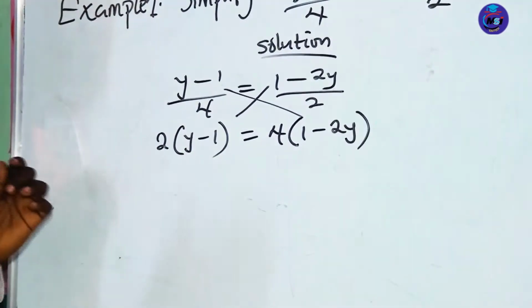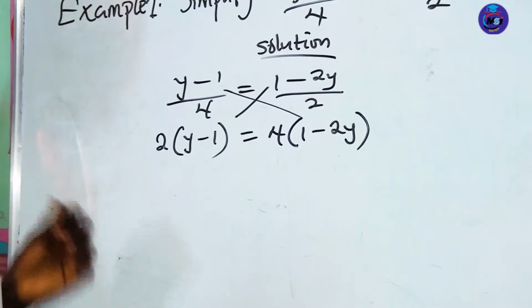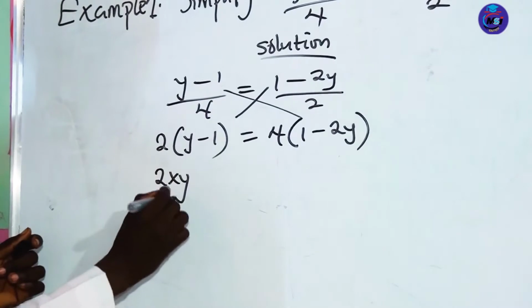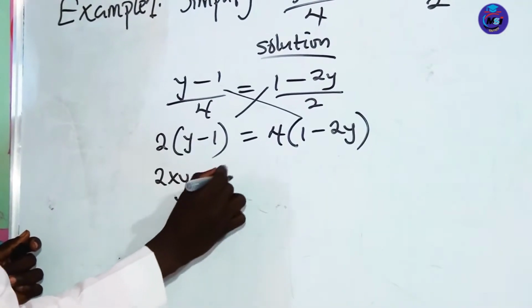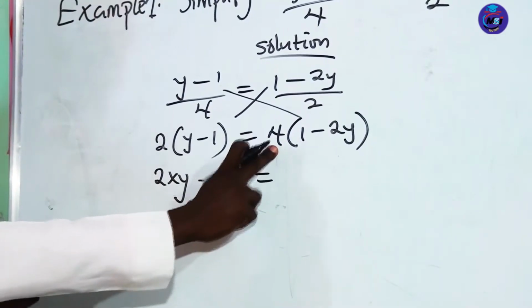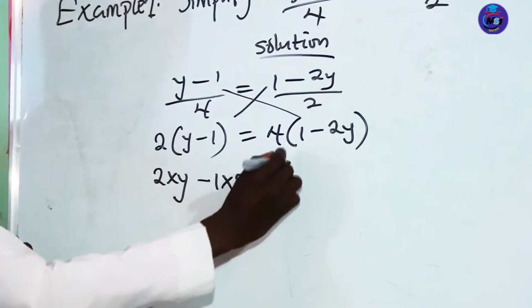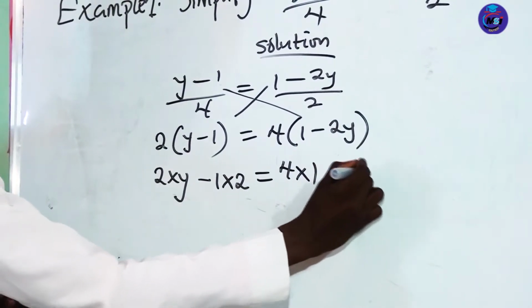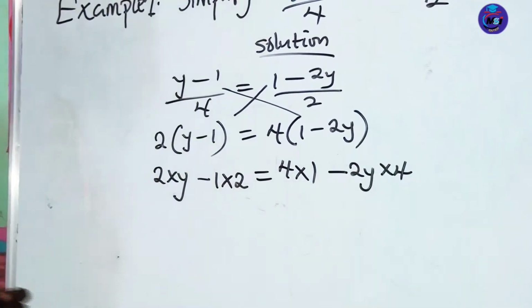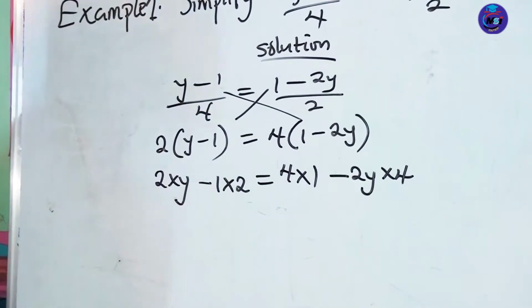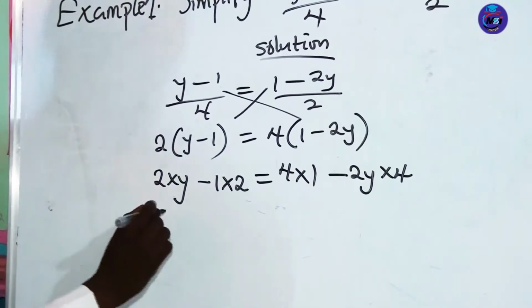Now we have to open the bracket again. 2 times y, minus 1 times 2, equals 4 times 1, minus 2y times 4. 2 times y will give us 2y.